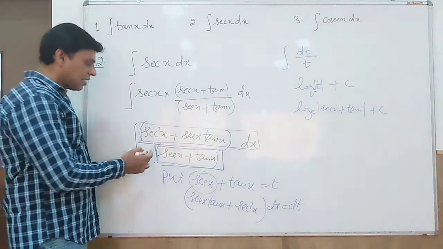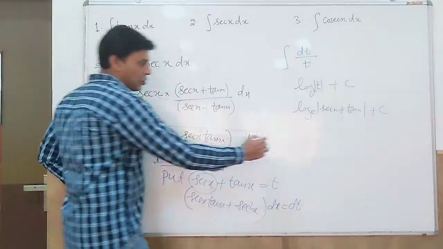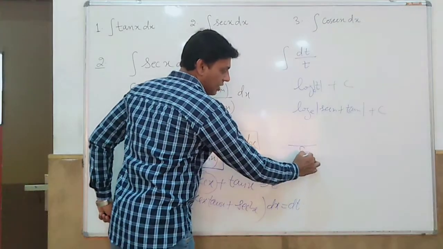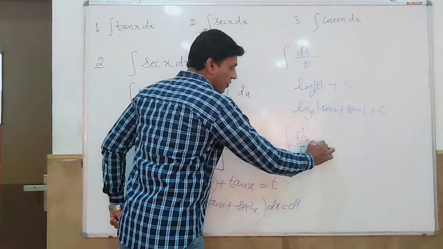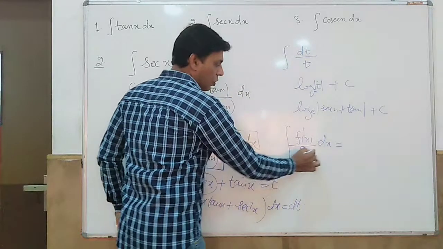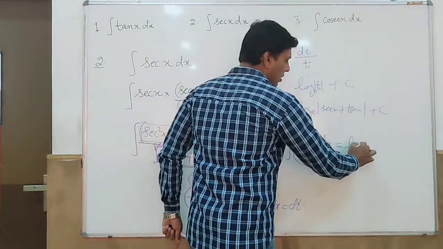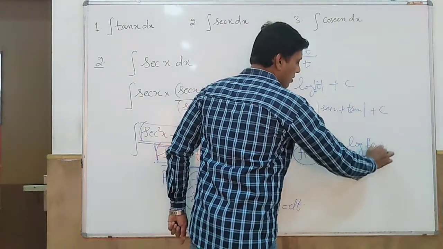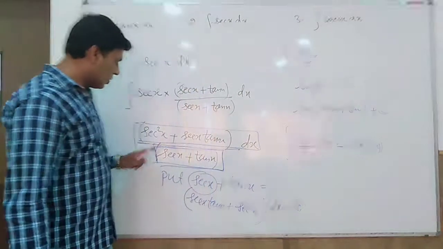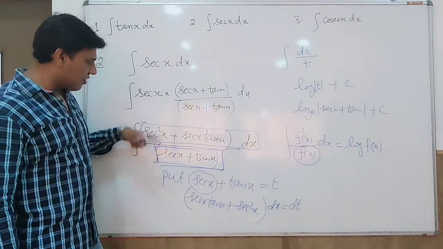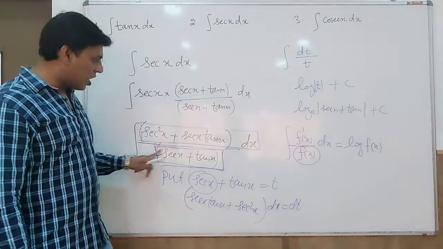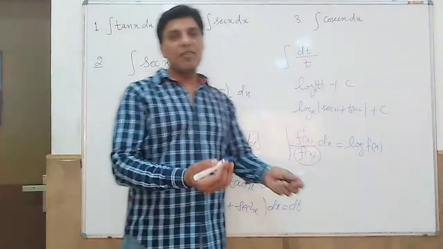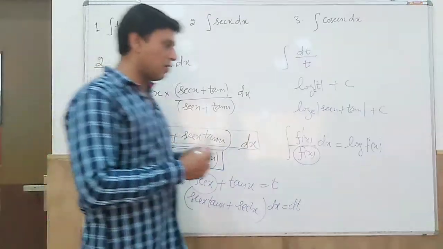I have told you that whenever you have a function and its derivative in the numerator, with this form, your direct answer will be log f x. So the function is in the denominator and its differentiation is in the numerator with dx, so the answer will be log sec x plus tan x. We can write it directly. Now we will solve the third question.